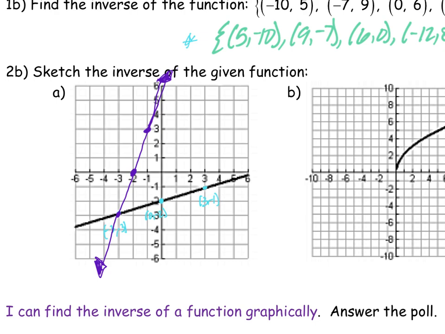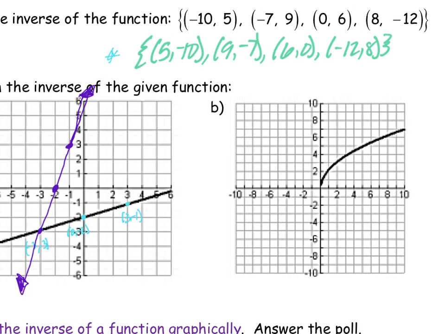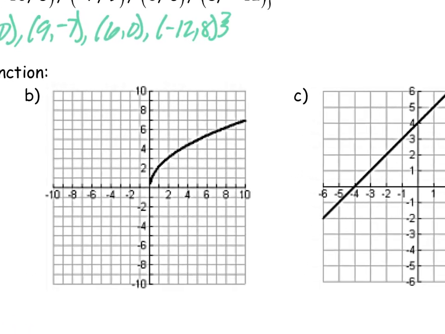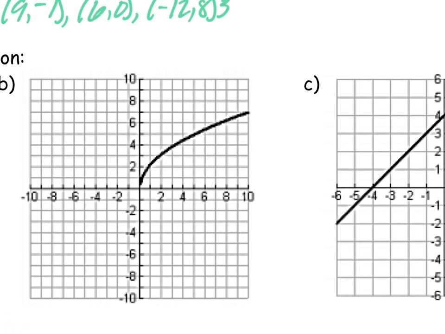And then I would go to the second one, and I would find some points again. It looks like it's probably going to touch (0, 0), and then here's a point, and here's a point. I only need a few, so we'll use this one. So (0, 0) is going to stay there, right?